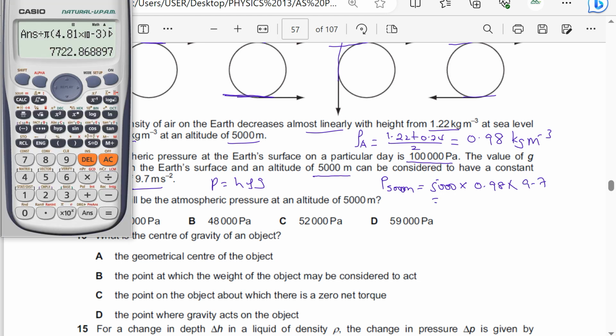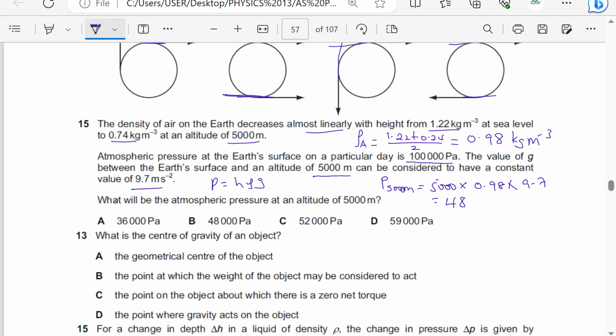I'll press my calculator: 5,000 times 0.98 times 9.7. So that is approximately 48,000 pascals.